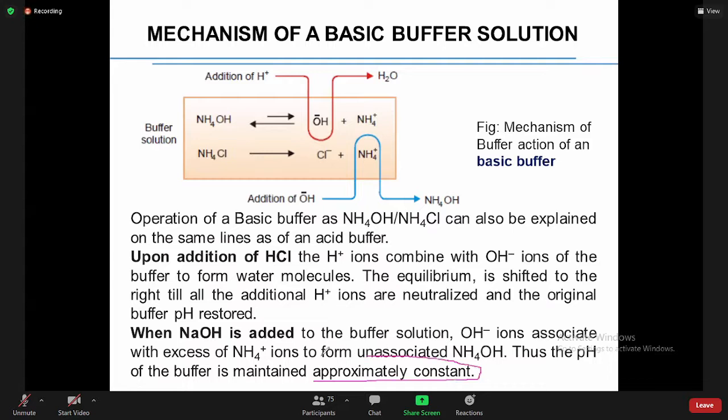So that will already be approximately constant. It's not completely constant, rather the change will be minimum. The change will be very negligible. That's why the pH will be approximately constant.